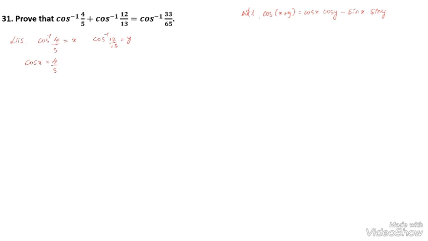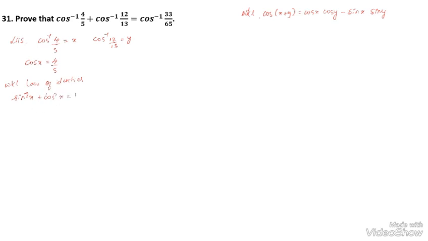So I can find the sin x value here by using the trigonometric identities, that is sin square x plus cos square x is equal to 1.